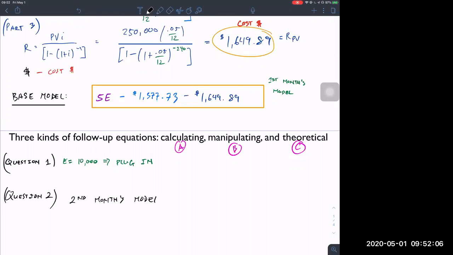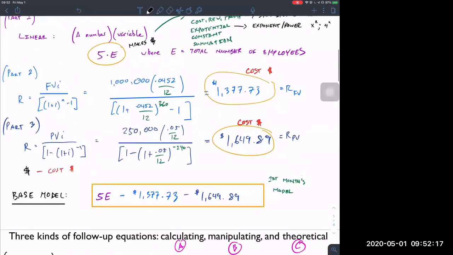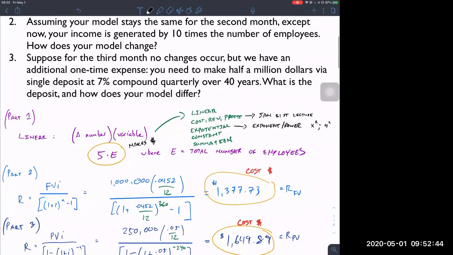And all that has changed, according to the written statement, is that your income is generated by 10 times the number of employees. So now, if you have your base model here, and you're looking at your parts that were used or constructed previously, what happens now? Can you scroll back up to question 2? Sure. Thanks.